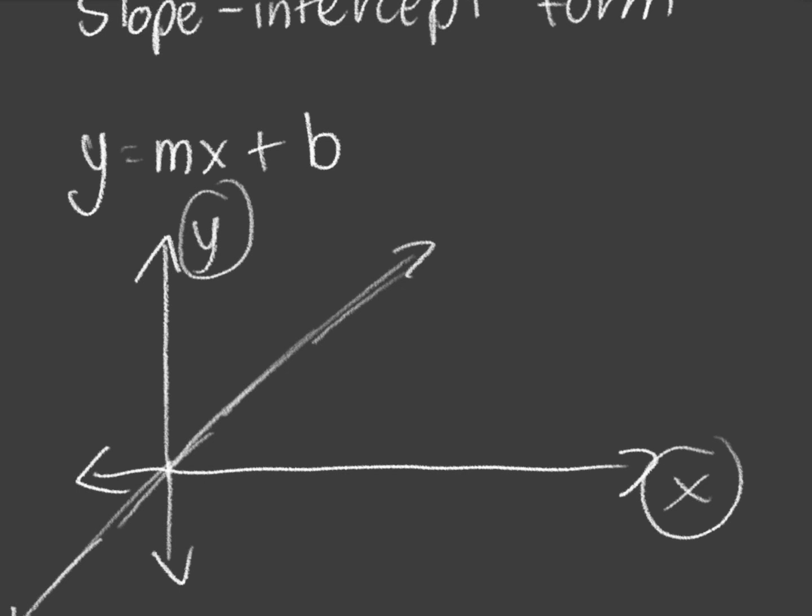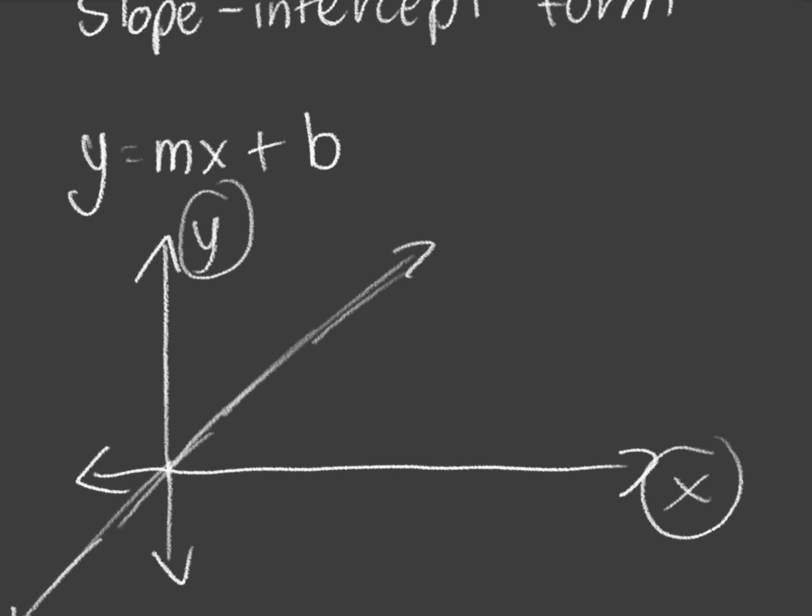Okay, so when graphing a line, there are two distinct characteristics you must remember. One is where the line intersects the y-axis. The reason you want this is because it's a very easy to identify point on the graph that you can always use, and it's in the equation.